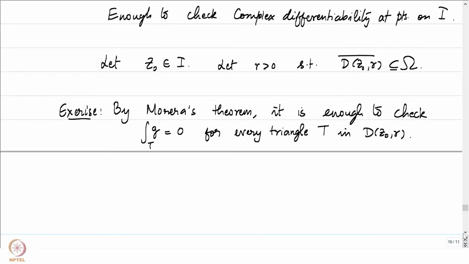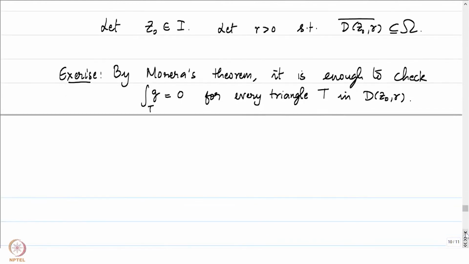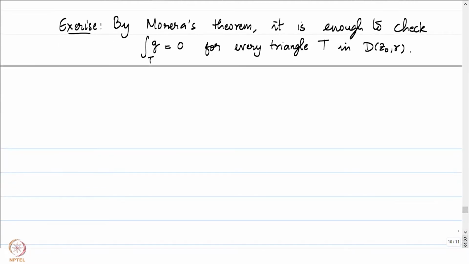If you go back to Morera's theorem's statement, we actually proved that if the integral of g over any closed polygonal path is 0, then our function g is holomorphic. I am actually writing a more special statement here. I am demanding that we only need to check that the integral of g over T is 0 for every triangular path. So, you should sit down and convince yourself that if we prove this, we are in fact proving that over all closed polygonal paths the integral is 0, and therefore, we will be able to conclude by Morera's theorem that our function g is holomorphic.